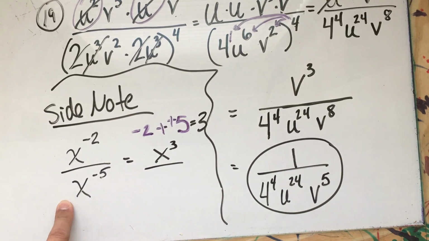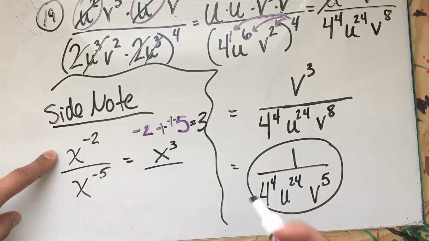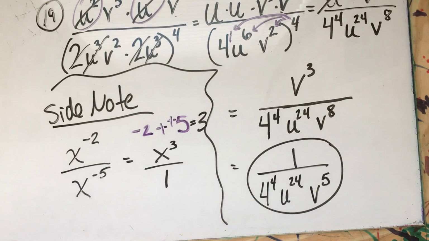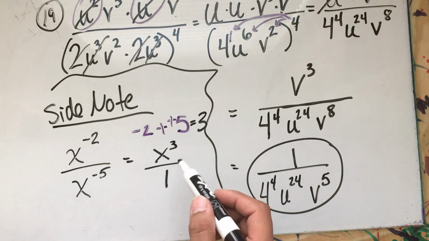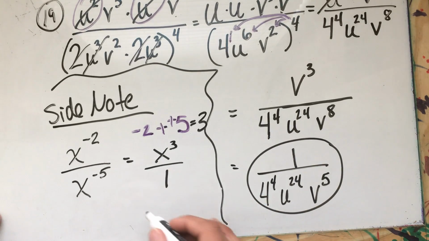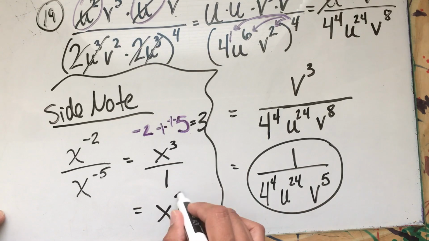And I no longer have an x on the bottom because I did the subtraction rule. So then the answer ends up being on top, so my answer is being divided by 1. So x to the third divided by 1. Well, divided by 1 doesn't really change anything. So that means my answer is x to the third.